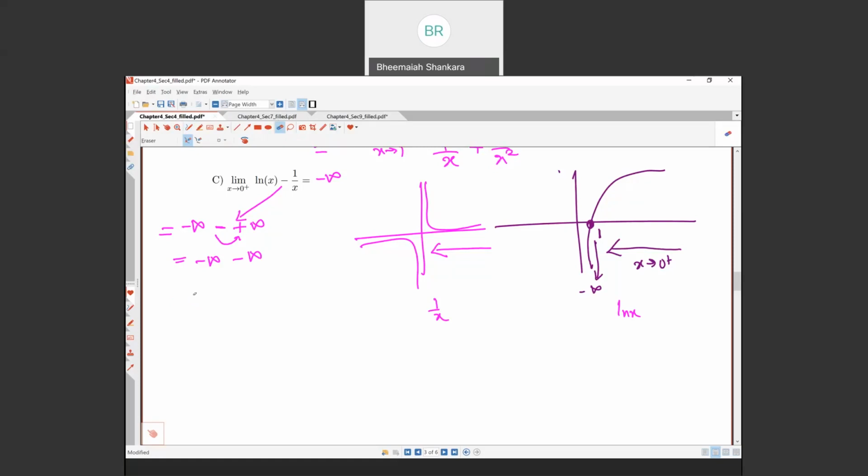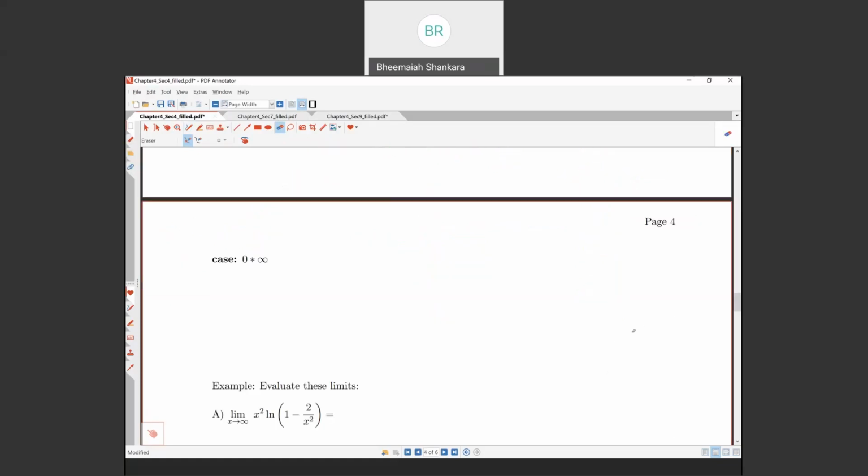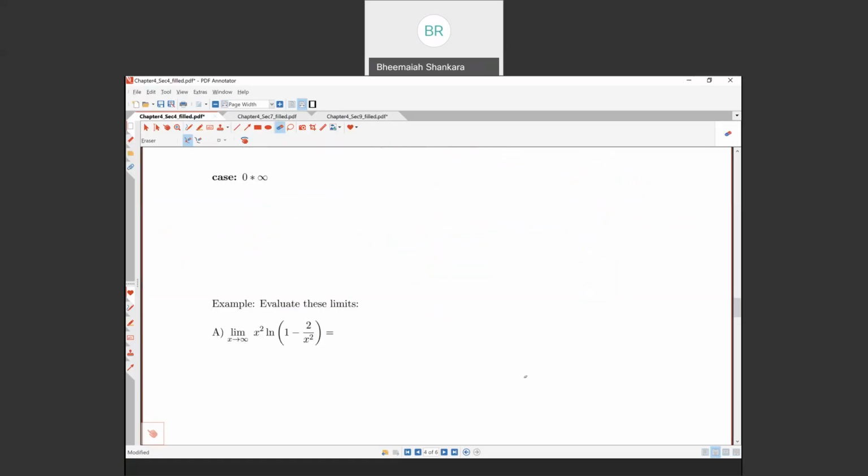The next type of limits are 0 times infinity. So far we have seen two cases, where we saw 0 over 0 and infinity over infinity. So for the 0 times infinity, suppose you have a problem f times g, the product of functions.